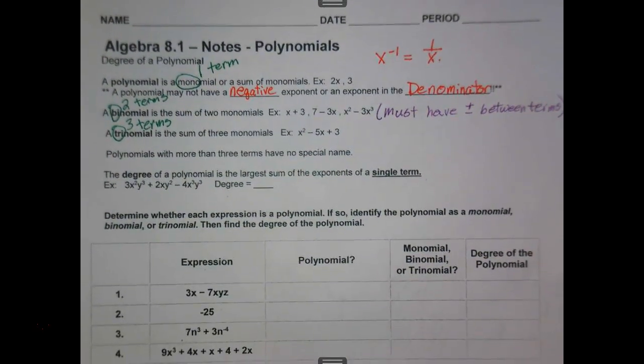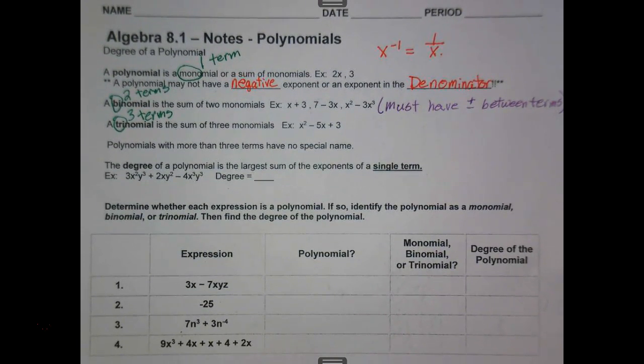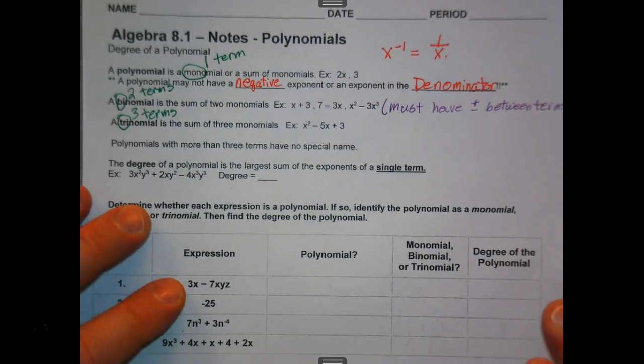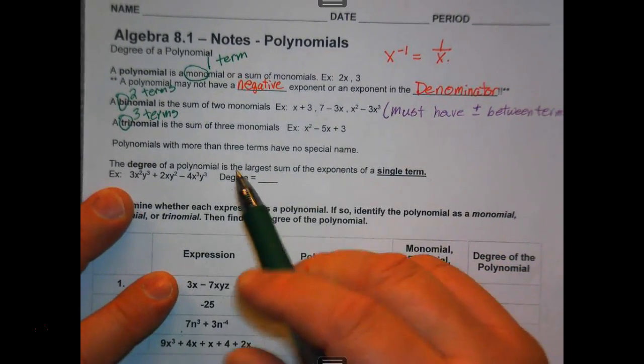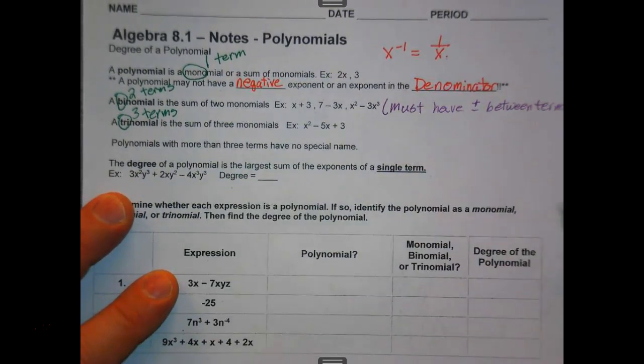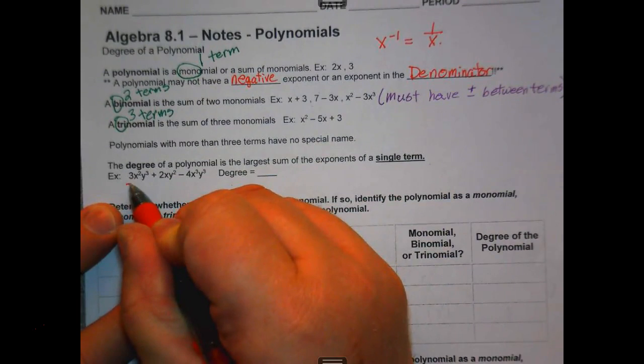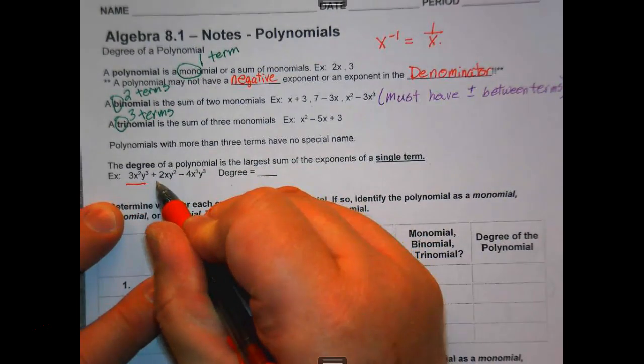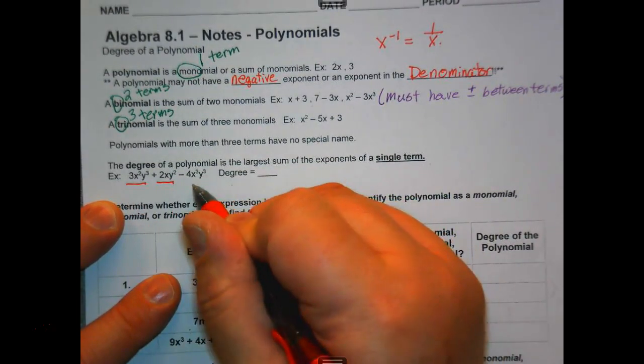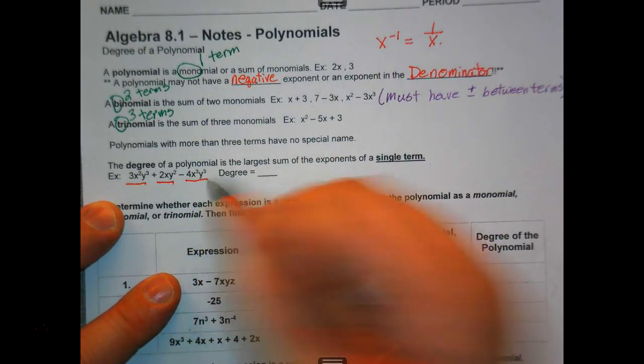All right, the degree of the polynomial is the sum of the exponents of a single term. Okay. Sum of the exponents in the single term. And it's going to be the highest one. Okay, look at the terms. I have 3x squared y cubed, 2x y squared, and 4x cubed y cubed.